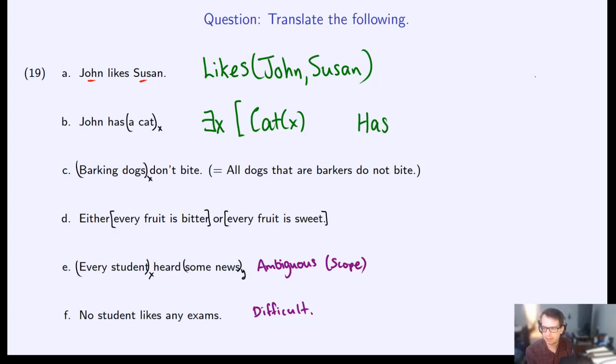So that's the translation for John likes Susan. If we compare it to something like John has a cat, we know that a cat is a noun phrase. So it's an existential, so we'd pull it out.